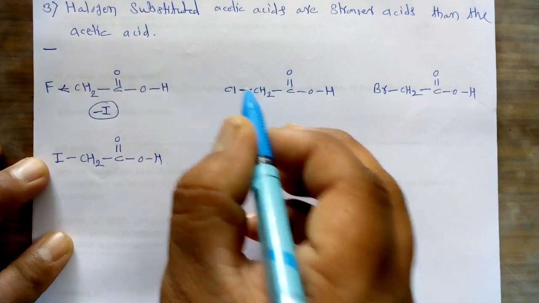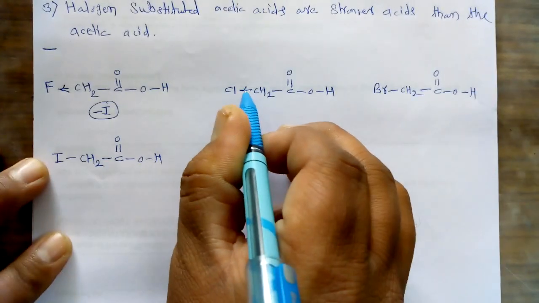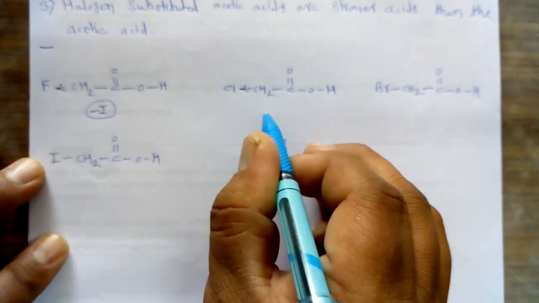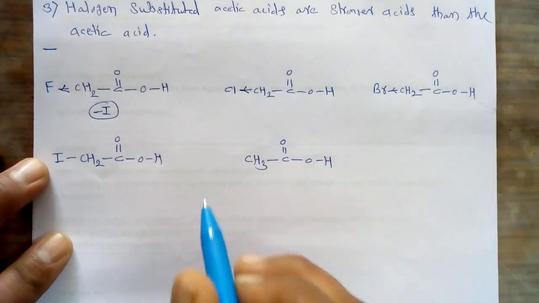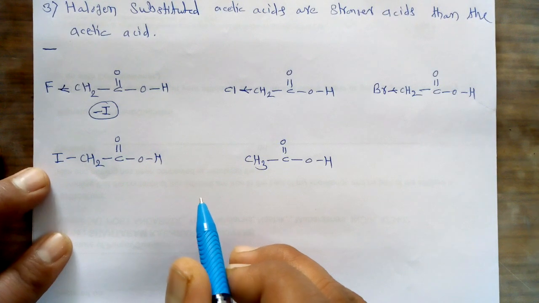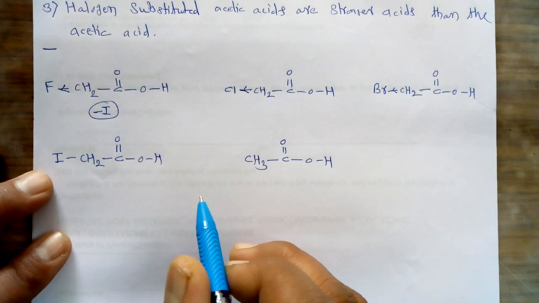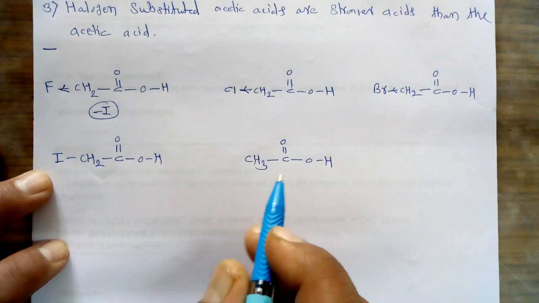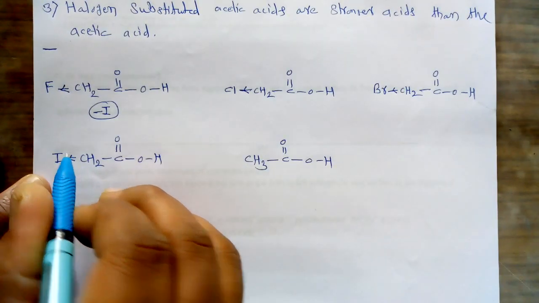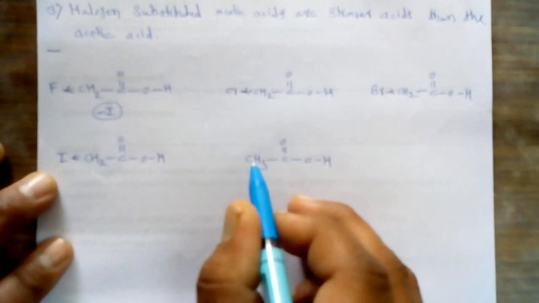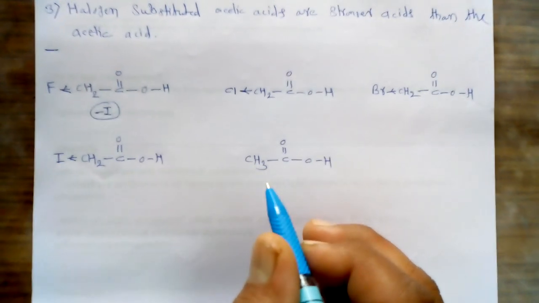In this case also, due to chlorine, it shows the minus I inductive effect. In this case also, bromine shows higher electronegativity, so it again shows the minus I inductive effect. This iodine also shows the minus I inductive effect, while in this case there is a methyl.